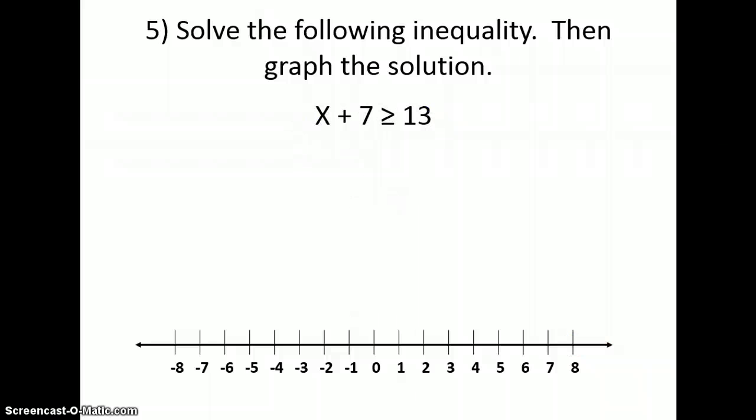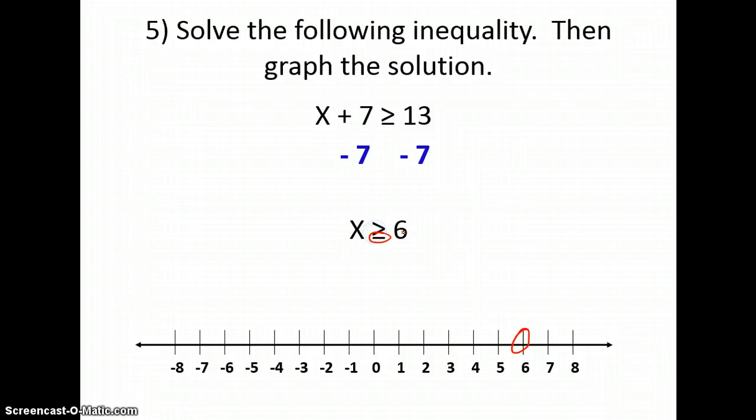In this problem, I have addition, so I need to do subtraction. And to isolate that x, I'm going to subtract 7 from both sides, which leaves me with x on this side is greater than or equal to 6. So when I go to graph it, I'm going to put a circle at the 6 and ask myself, can x be 6?